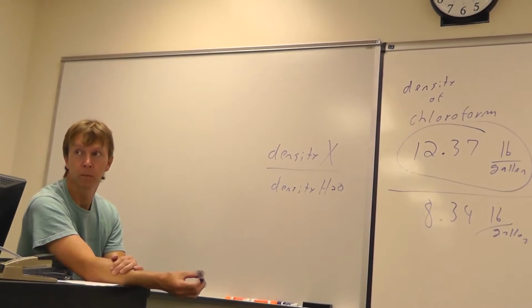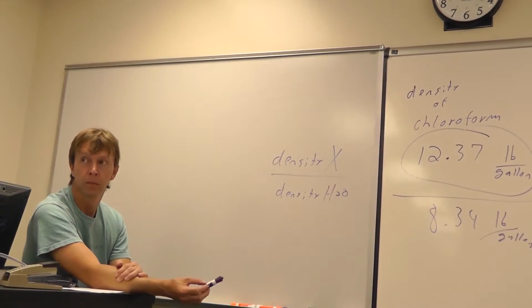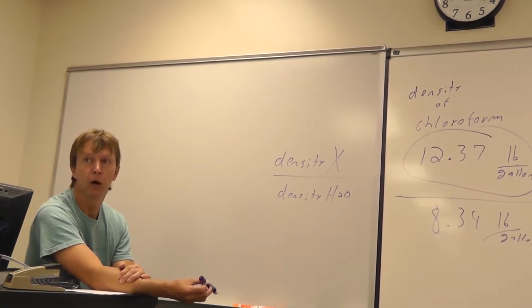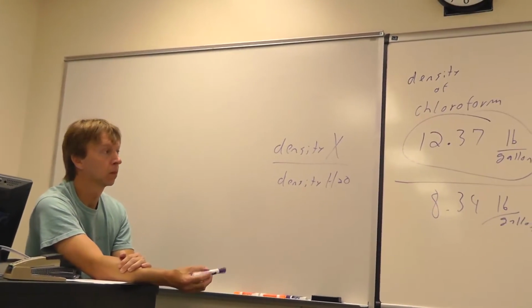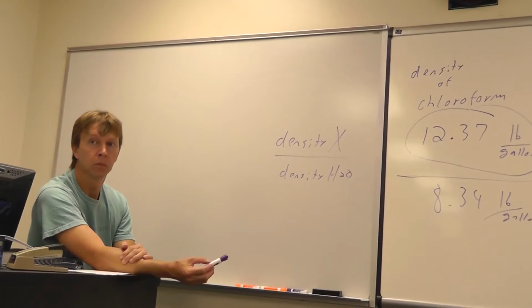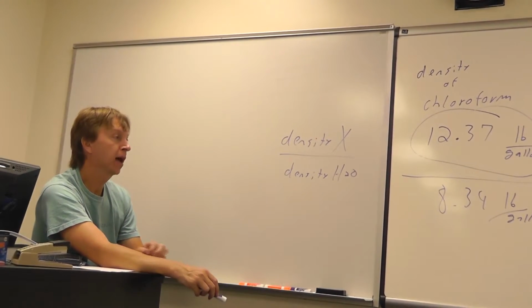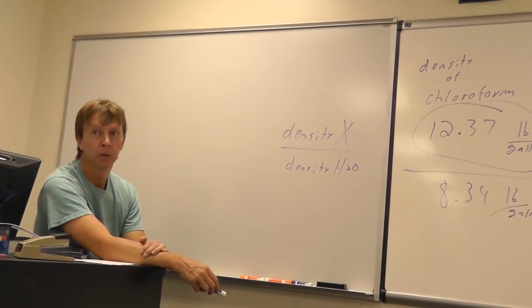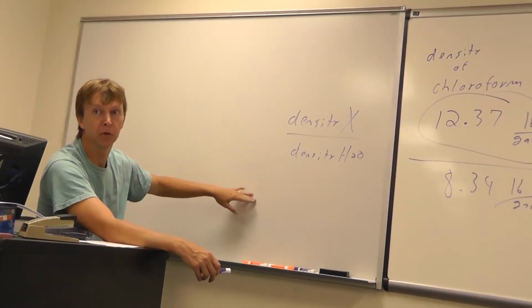Other questions? Yes? Is it always going to be density over the density of water? Yes, it's always relative to water. Why is that? Water's a very well categorized reference point. I've given you the density of water in 3 different units.